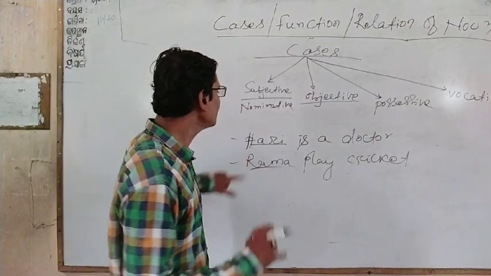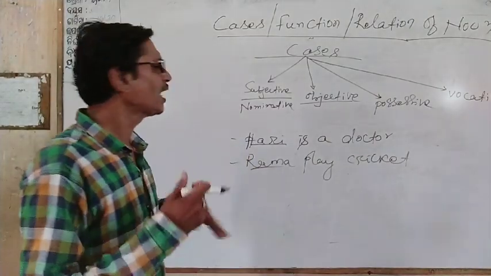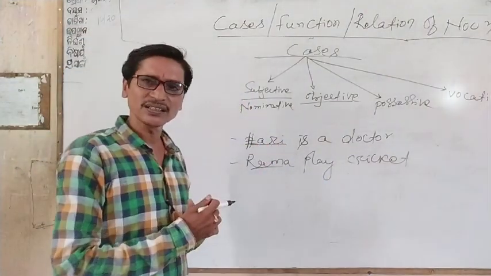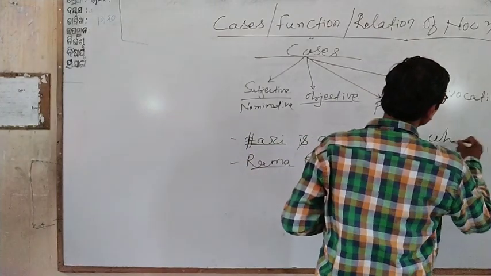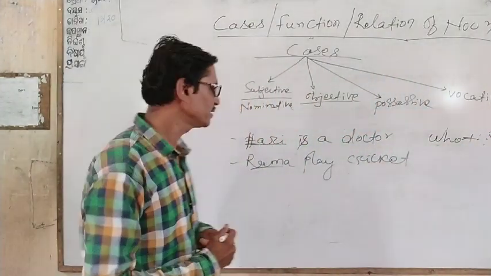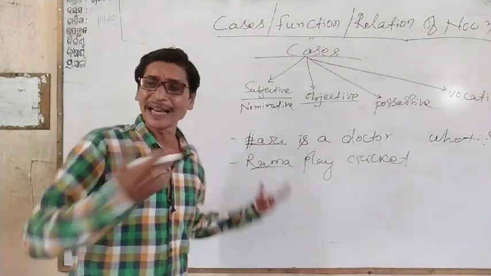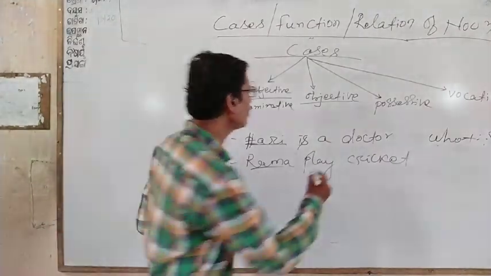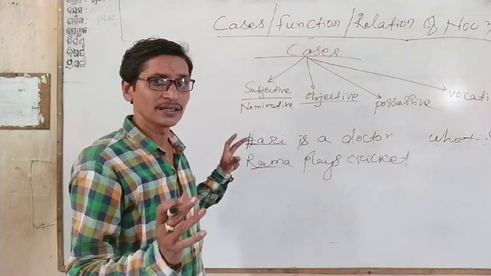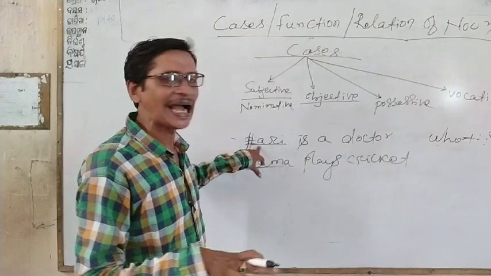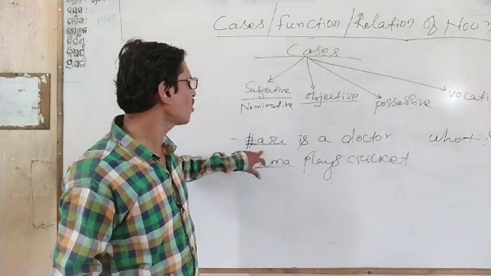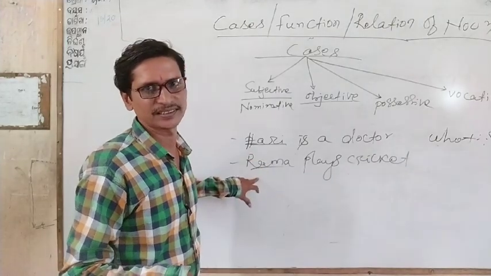Understand? So, here when the question is asked, who is a doctor? Similarly, who plays cricket? Ramu plays cricket. When the question comes with who, we identify the subject. So, this is called the nominative case.